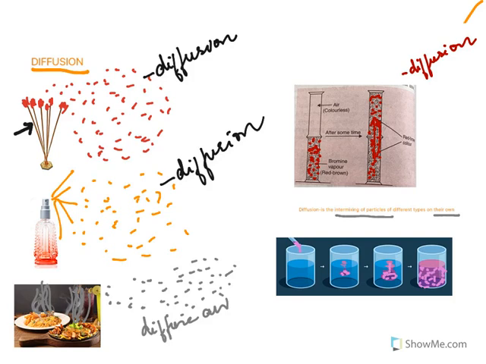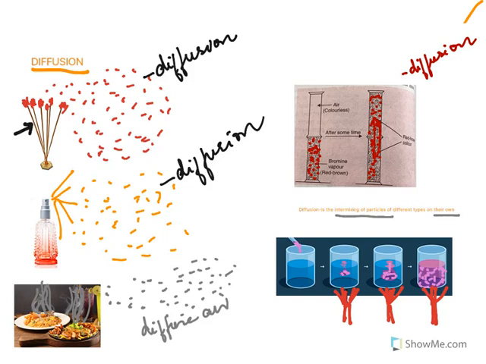However, if we were to heat this water, the process of diffusion would be much faster. When you heat a substance, the particles get more energy, and because they have more energy, they can move faster.